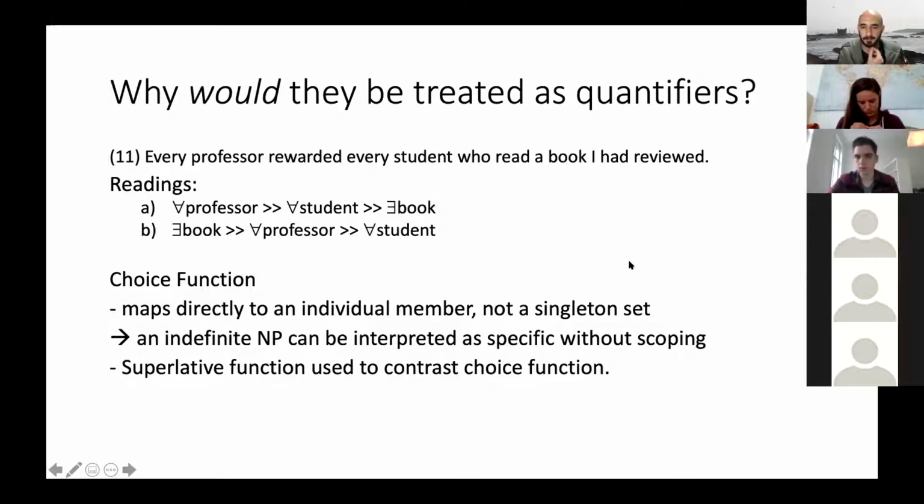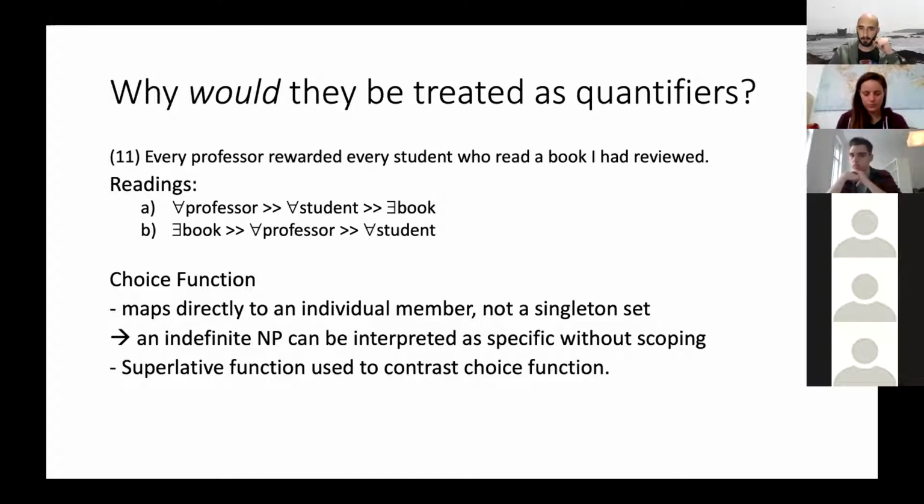Well, the way I understood choice function is that you have a function and you get a set of members, I guess, or a set of things, and then the choice function will pick one specific member of that set, one individual member.